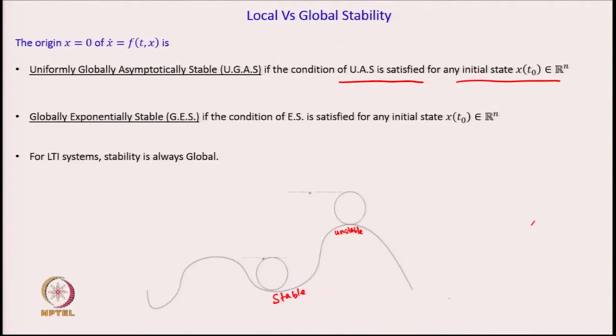If I ask you about the stable equilibrium point, whether this is local or global stability, then the answer here would be local stability, because I just mentioned that for global stability the initial state can be anywhere in the state space, and it will eventually stay within the neighborhood of the equilibrium point. However, if the initial state here is chosen to be the unstable equilibrium position, then it will just stay there for all time. So, this equilibrium point which is stable is only locally stable.